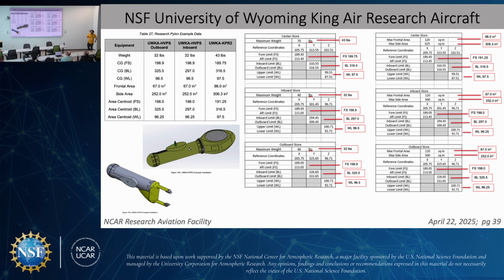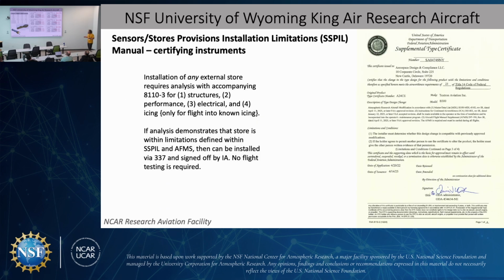And we have a performance engineer that's also going to do an 8110 that defines what the drag characteristics are. As long as all of that gets done, then that package goes to our maintenance team, and our IA is able to install that instrument on a field approval with a 337, and no additional FAA certification is required for that.